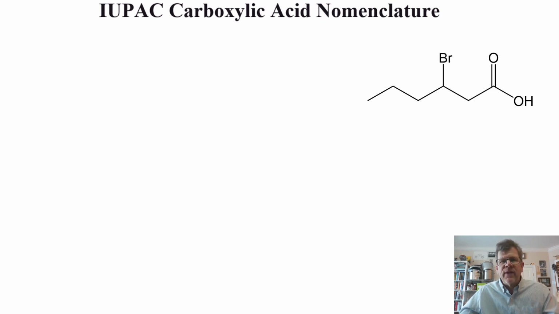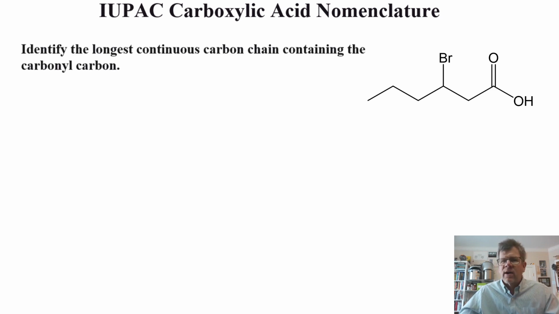So in this case, IUPAC nomenclature of carboxylic acids, we always start the same way, looking for that parent structure. In this case, the longest continuous carbon chain containing that carbonyl carbon. If we're approaching this molecule over on the right here, we find that the longest continuous carbon chain is this 6-carbon chain that we see here in red.